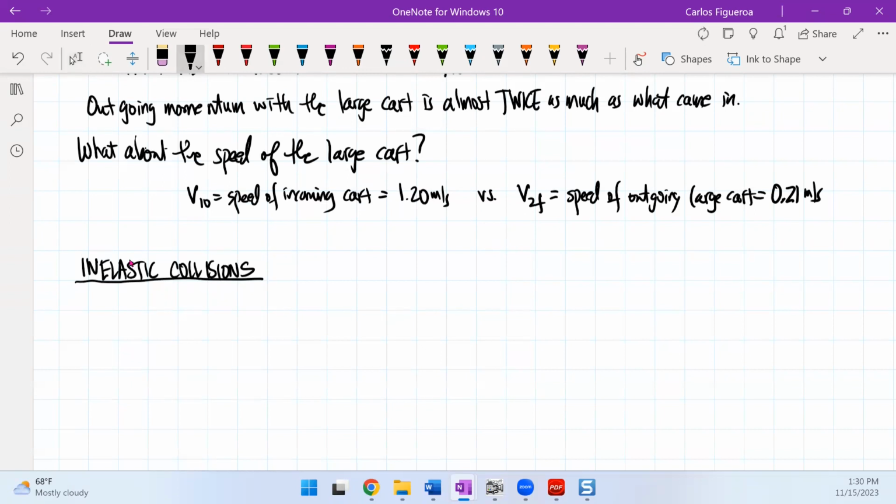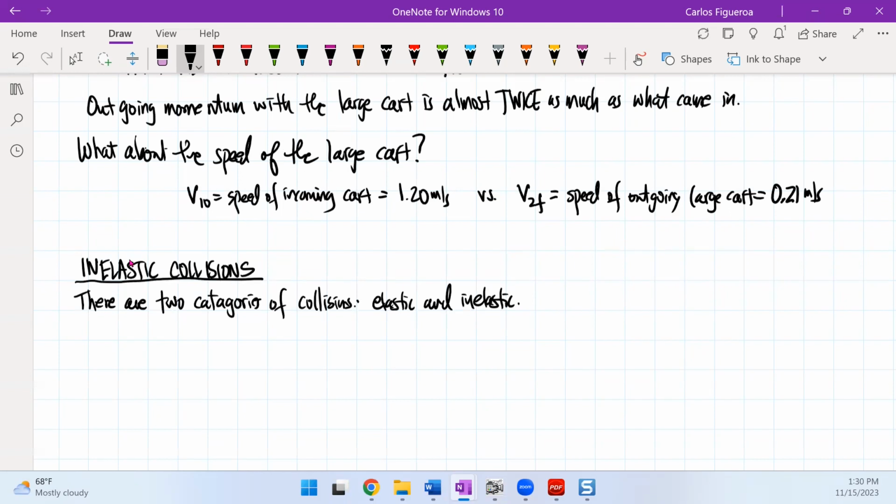What I said last time is that there are two categories of collisions. We said that there were elastic and inelastic. Inelastic is more complicated.